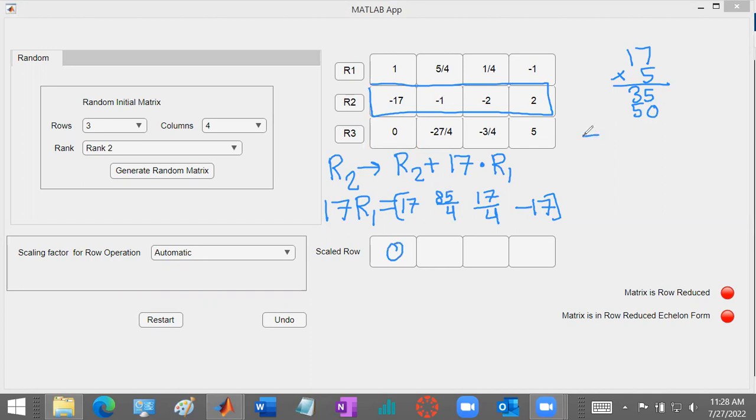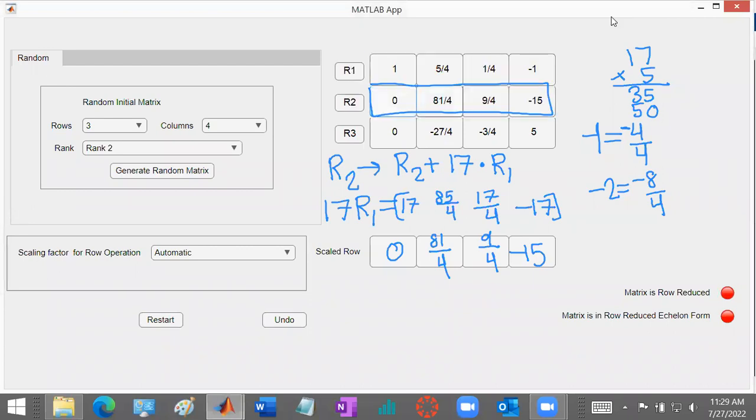Add it here, well, -1 is -4 over 4. So we add it here, we're going to get 81 over 4. Now we add -2 to this, so -2 is -8 over 4. So we add -8 over 4 to this, we get 9/4. And -2 plus this, we get -15. So when we use this 1 to get rid of this, that's what we should get: 0, 81 over 4, 9/4, -15, which checks out.